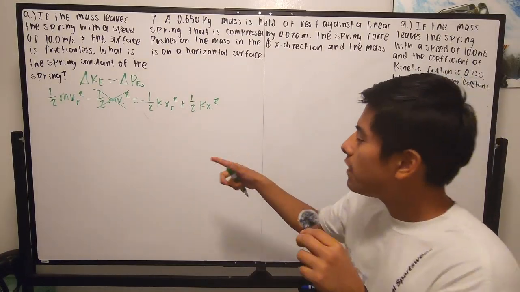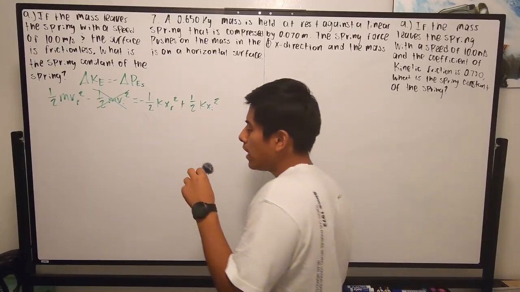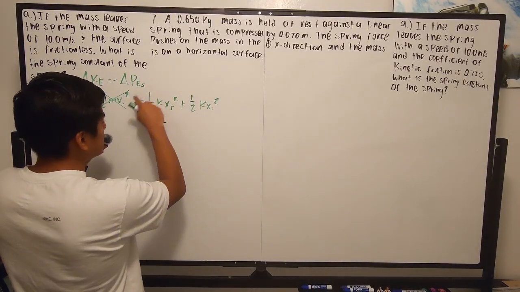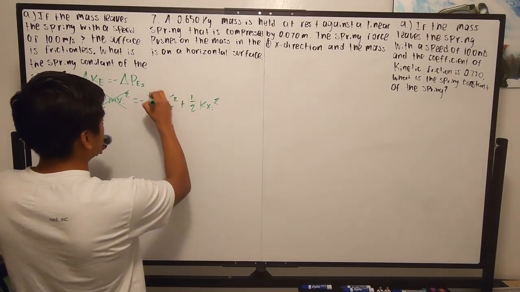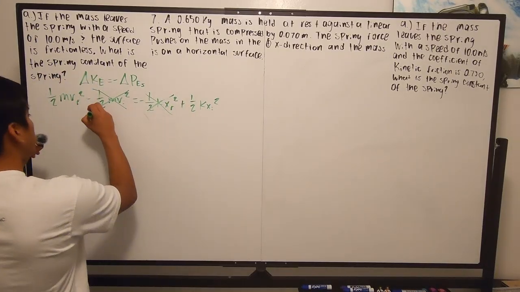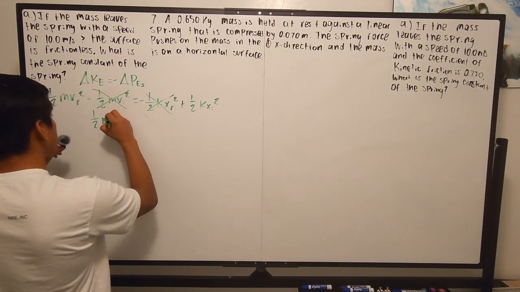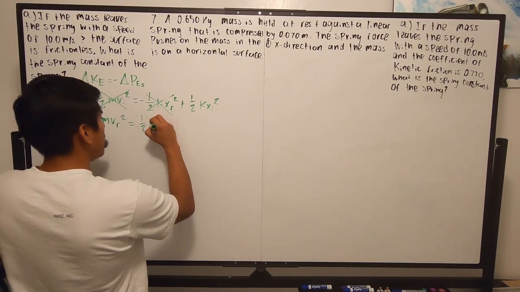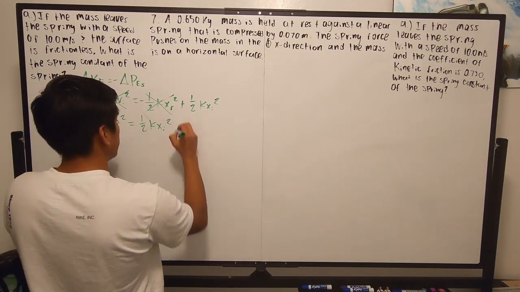So I know that the final displacement of this spring is also going to be 0. So this is going to be 0, which makes this entire thing 0, so I could get rid of that as well. So then I'm left with 1/2 mv final squared equals 1/2 kx initial squared.